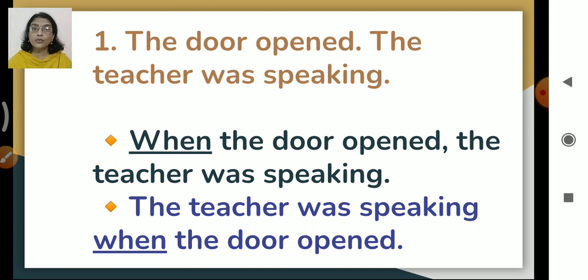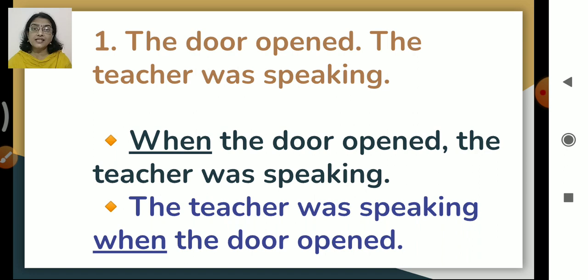What we did? We used when in the beginning, when the door opened. And then we removed the full stop and we added what there? Comma, right? And then we continued the next sentence as it is. The teacher was speaking.